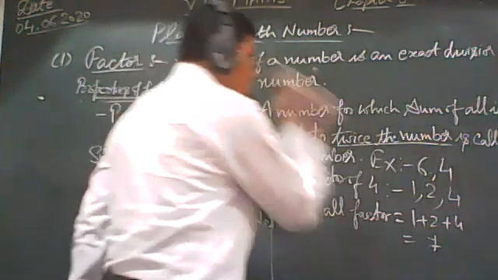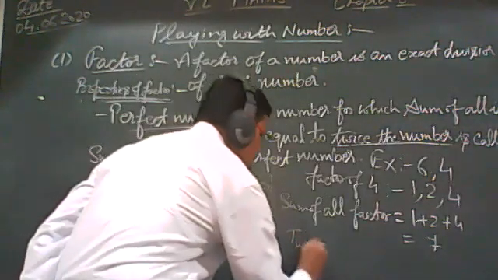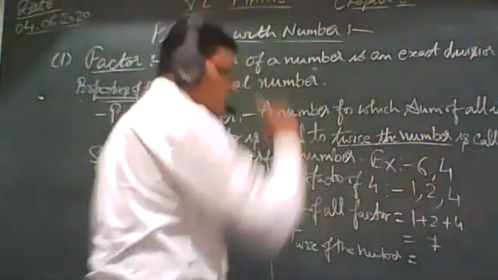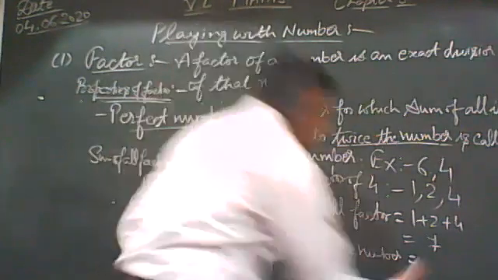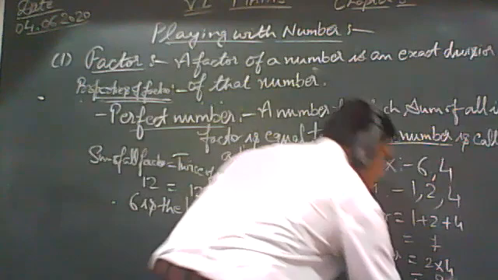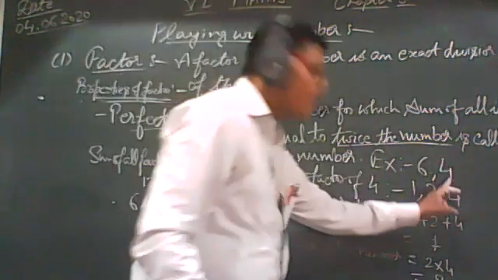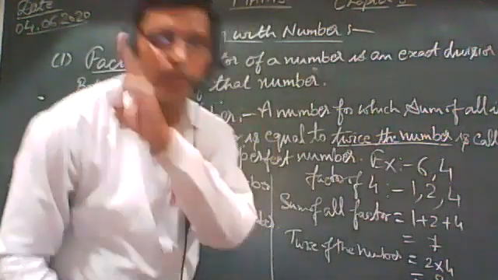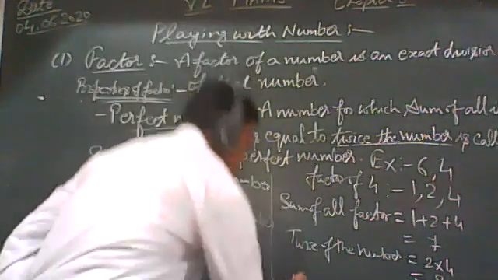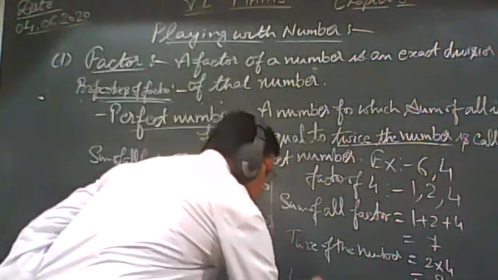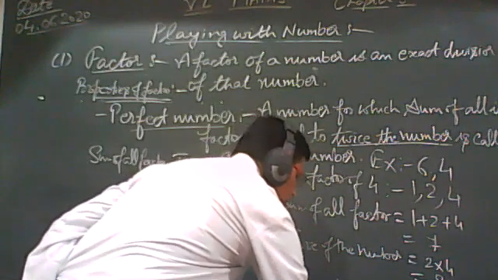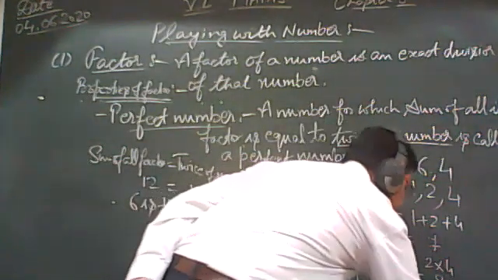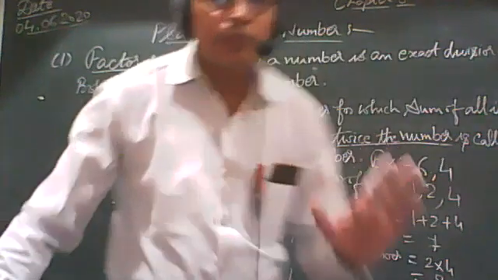And now twice the number, my number is 4. So 2 into 4 comes 8. Therefore, we say 4 is not a perfect number. Now we write here number 4 is not a perfect number. Okay? Any problem?